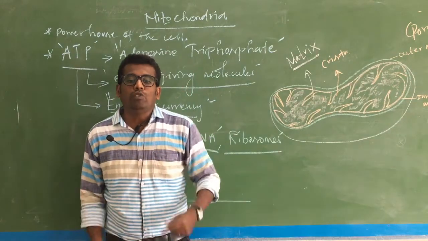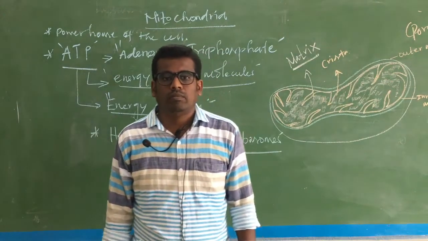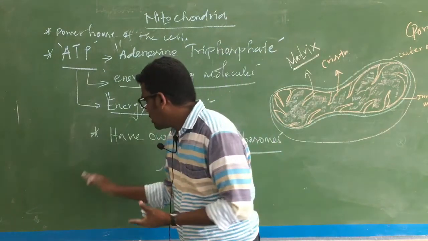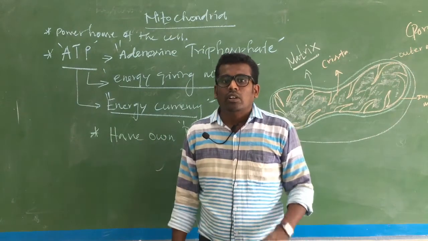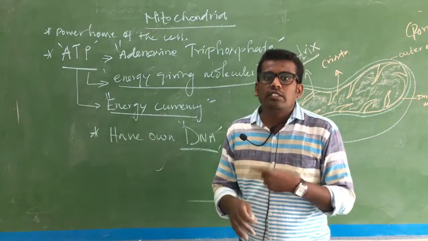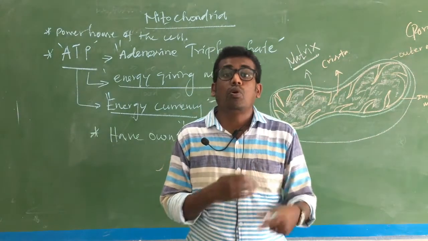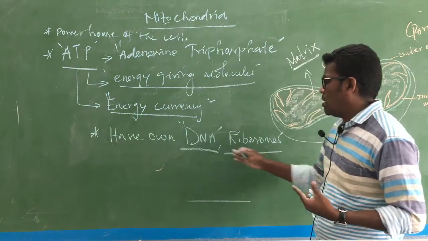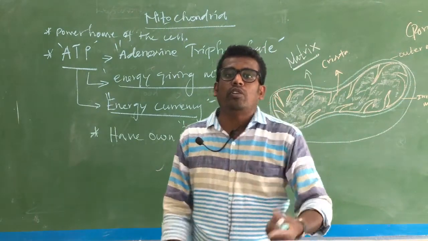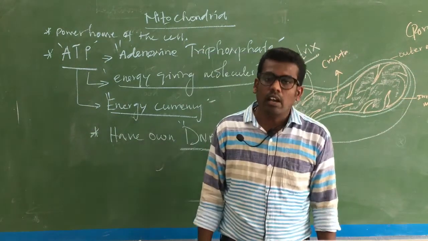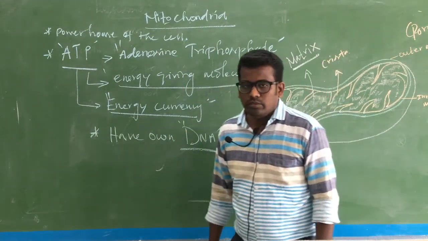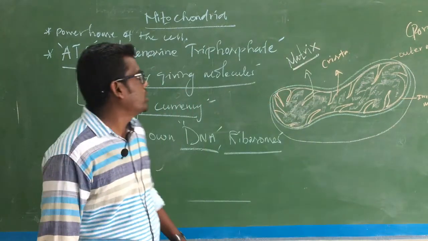So it is able to make its own proteins. The plastids also have the same character. Except for the plastids and the mitochondria, other cell organelles don't have their own DNA and ribosomes, so they have to wait for others to produce proteins. It's a very important character in the mitochondria.